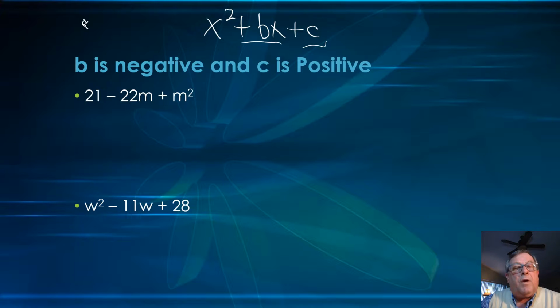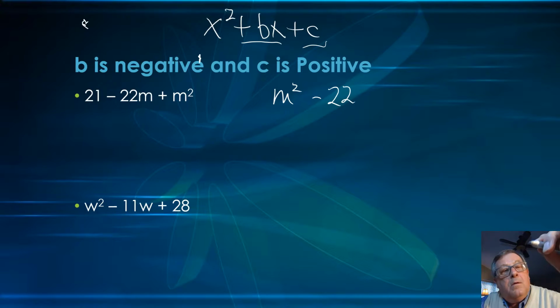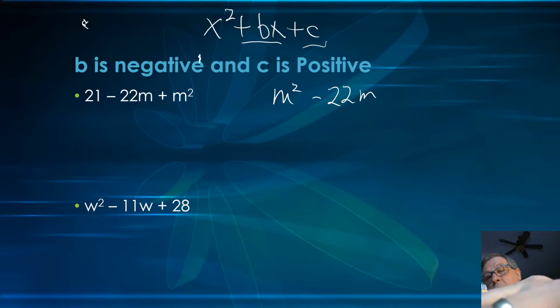Now in this first one, I'm going to rearrange this, but as it reads right now, it's 21 minus 22m plus m squared. And I'm just going to rearrange this to where it would look like m squared minus 22m plus 21.